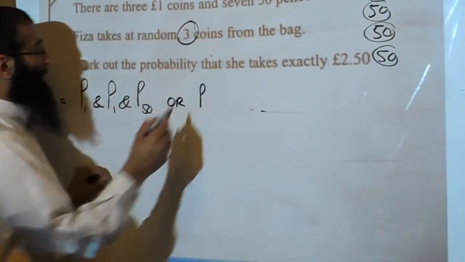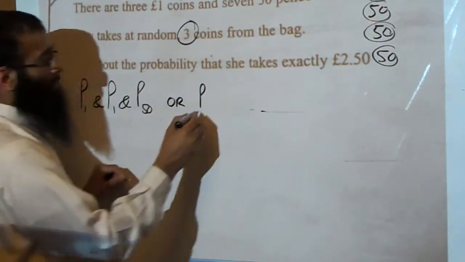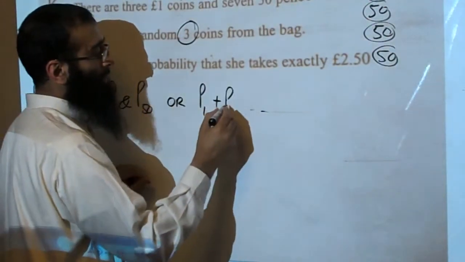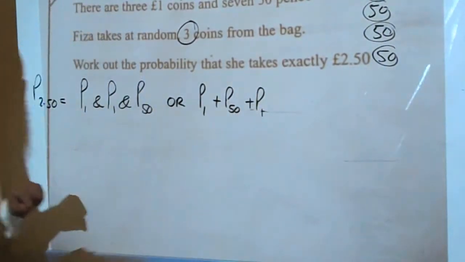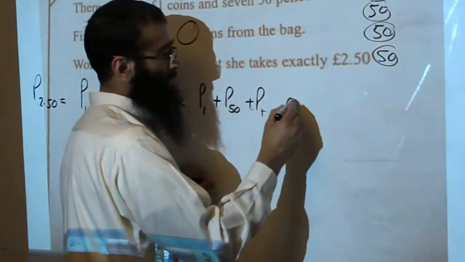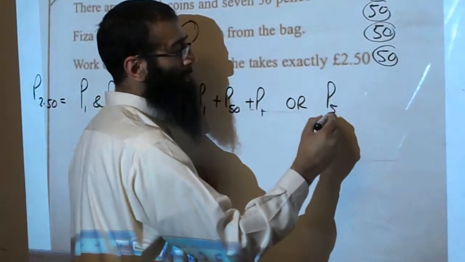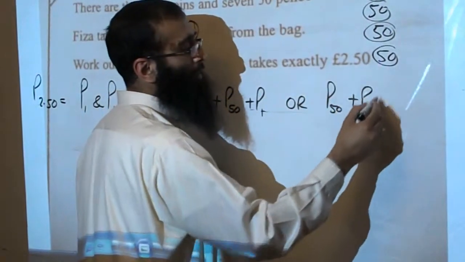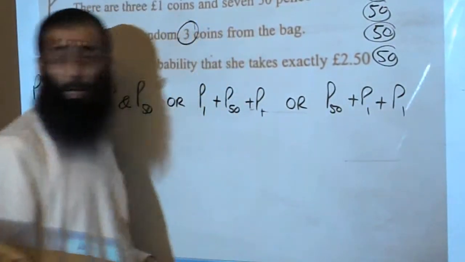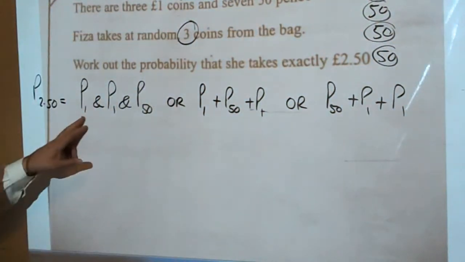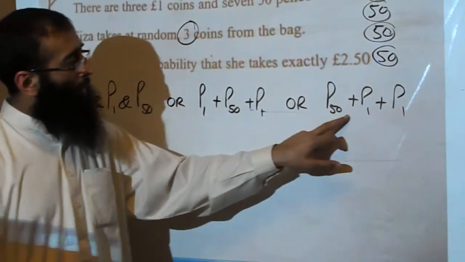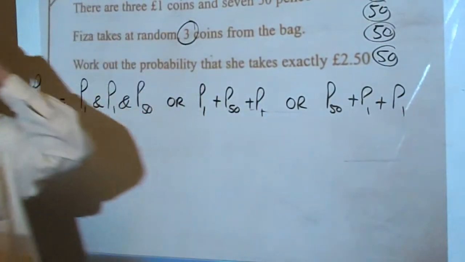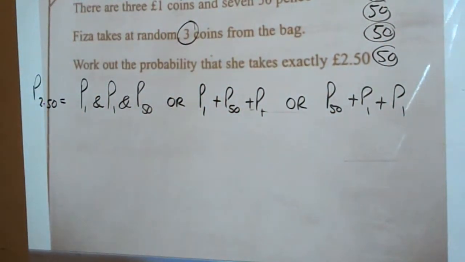Or we can have the probability of a £1, 50p, and £1. Or we can have the 50p first, followed by a pound, followed by another pound. Just different ways of doing it.